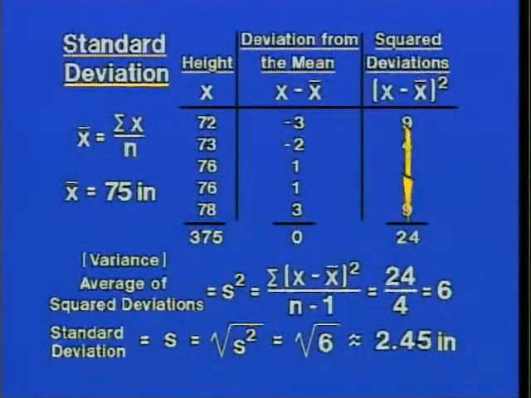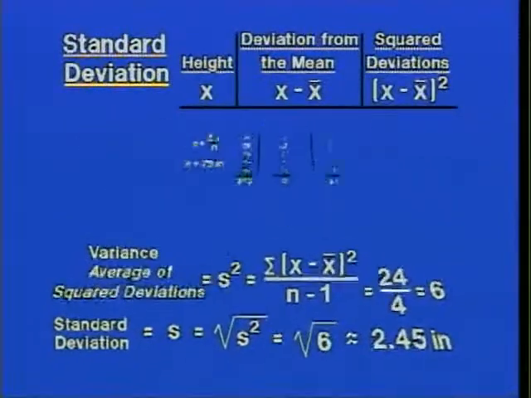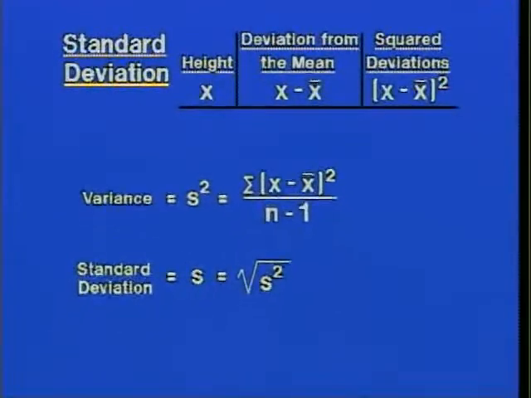Now, concerning the formulas, let's think about our relationships here and how we can consolidate matters a little bit. A lot of times it's nice for us to talk about variance when we first talk about standard deviation.